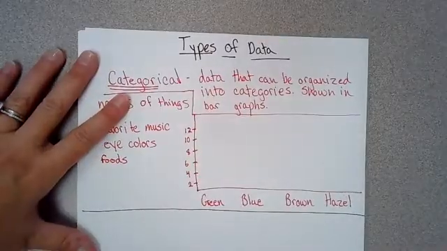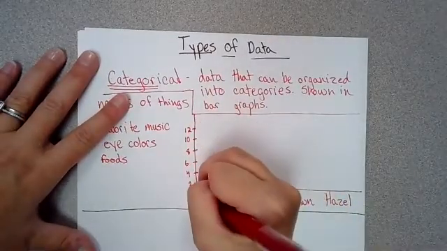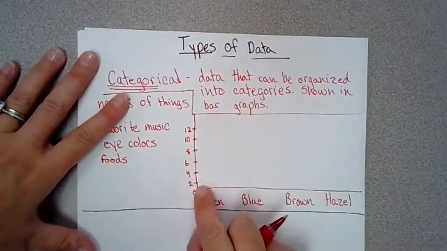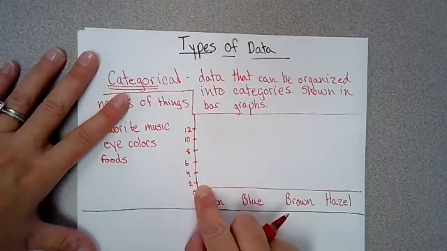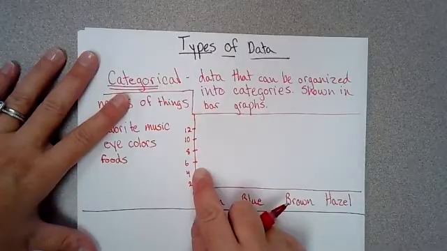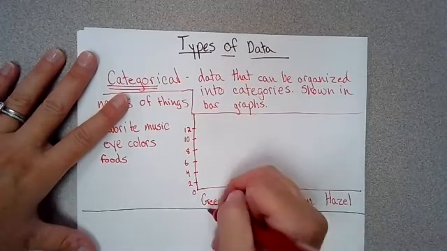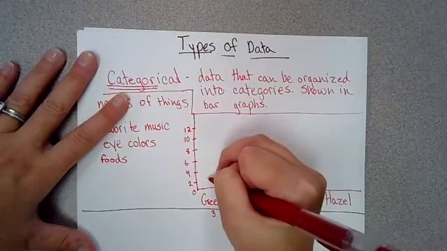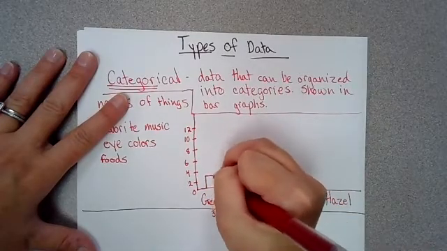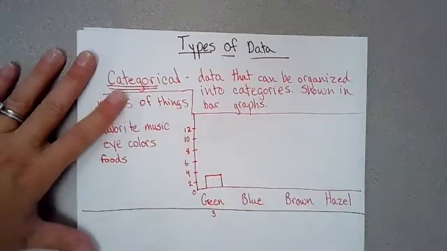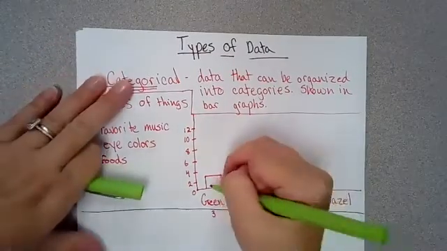And this is a good time to talk about how in between 0 and 2 is 1. So even if you don't see it there, it's there. So in between 2 and 4, 3 is in the middle there. Okay, so let's say we had 3 green. You would draw a bar to 3, and you can color it green if you'd like to.